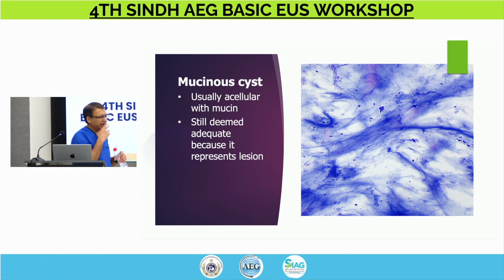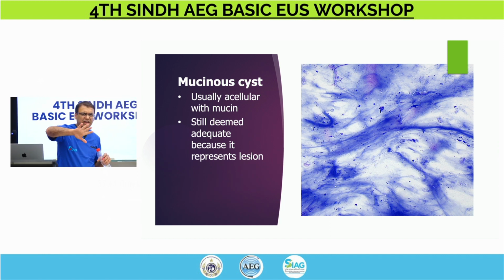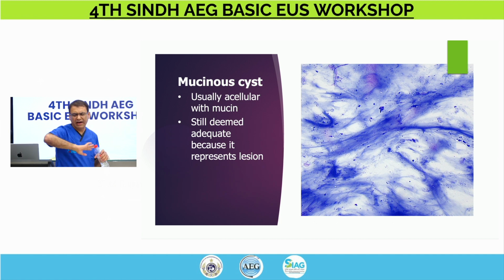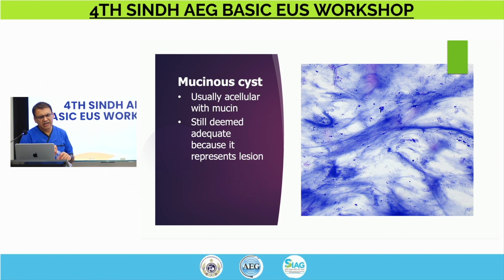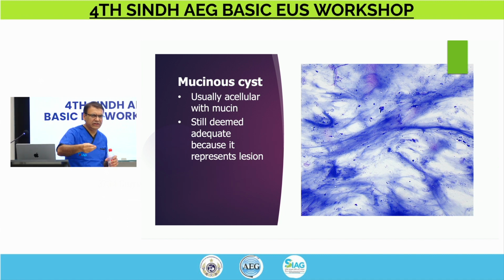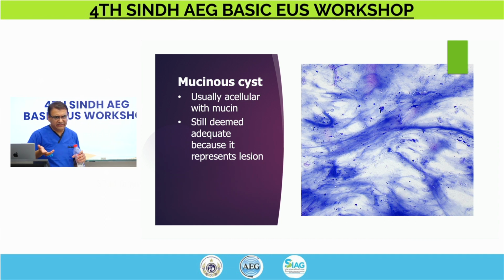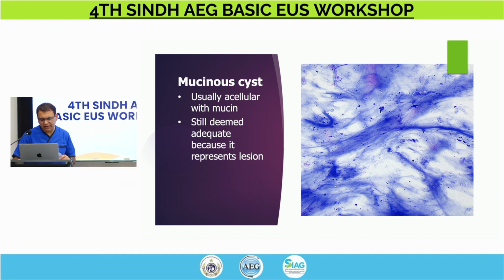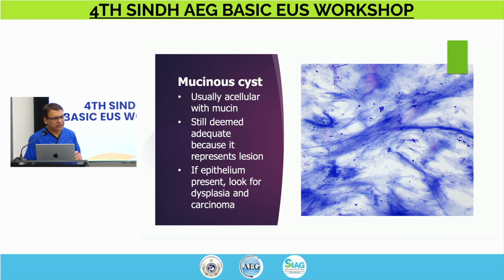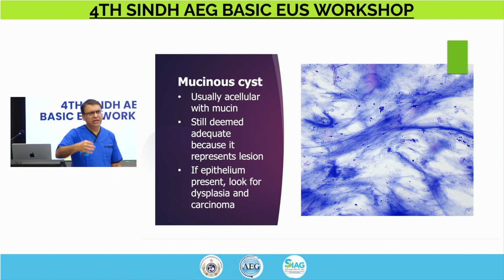Okay. Yeah. Acellular. It's kind of blue, just looks like fibrous tissue, but there really are not fibrous fibers in there. And it is still kind of an adequate specimen because if you are in a mucinous cyst, that's what you'd like to see. And sometimes you will get cells. If you do get cells, then you want to study those. What I do for the cystic lesions, this is my own way of doing it.